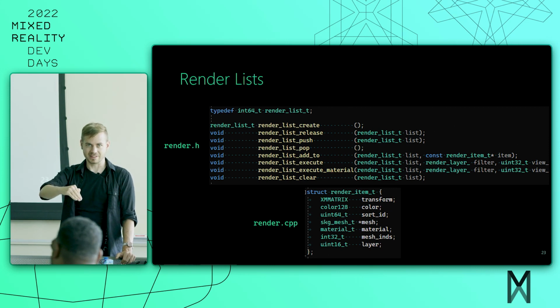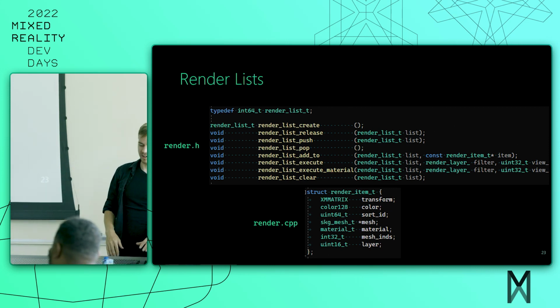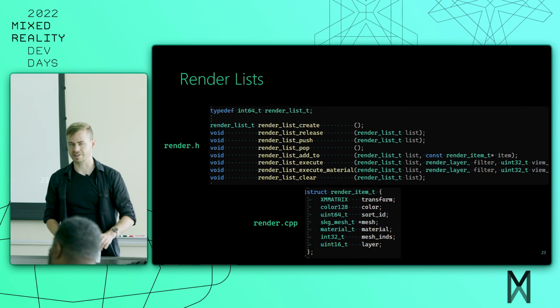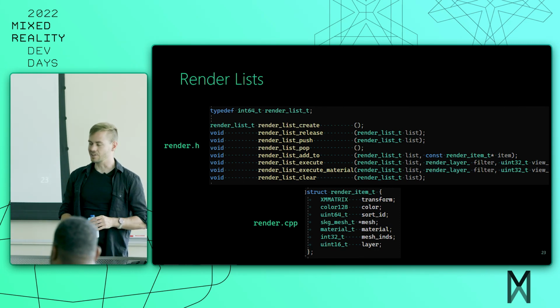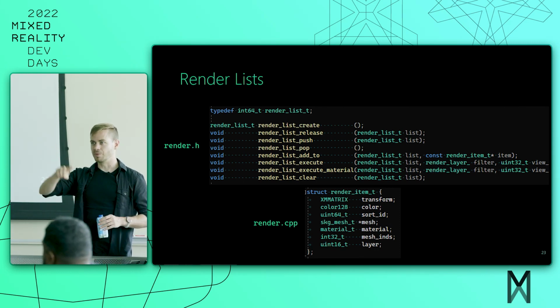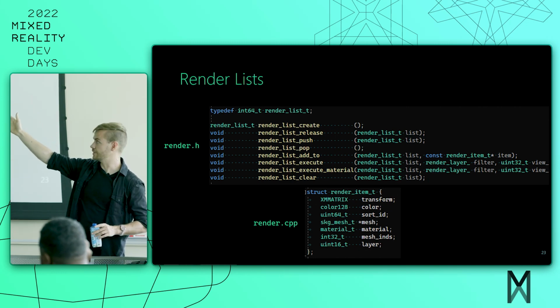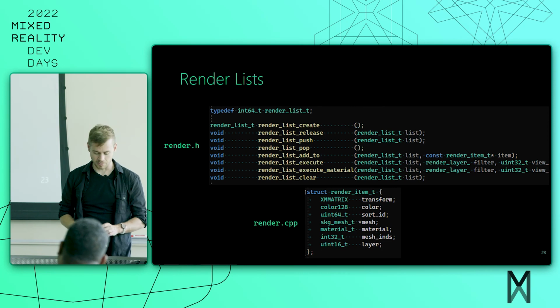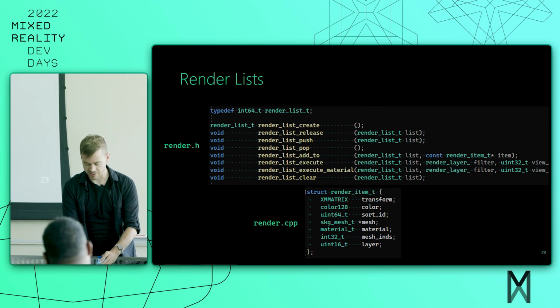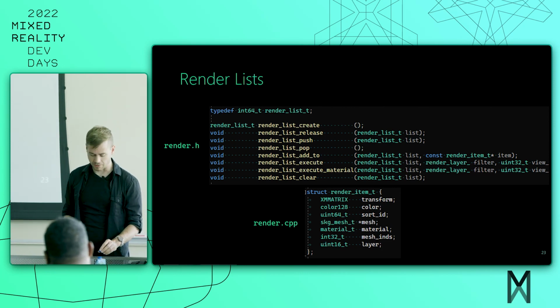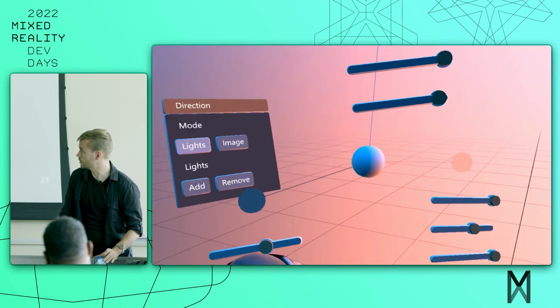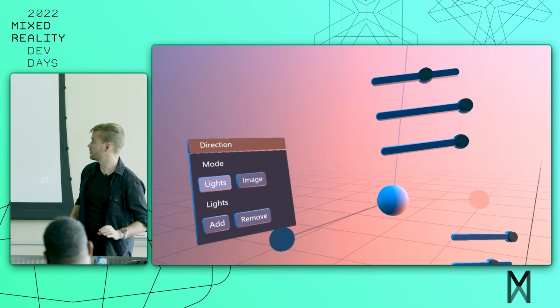Maybe it was doing something silly and it's taking a second for, I don't know, loading some custom file format or something like that. And so the application is stuck, but the rendering is not necessarily stuck. It just goes back to the last render list and keeps drawing it from different perspectives. That's not in there yet, but this is something I've been thinking about with this API and would like to do in the near future. That's why it's organized in that list sort of fashion.